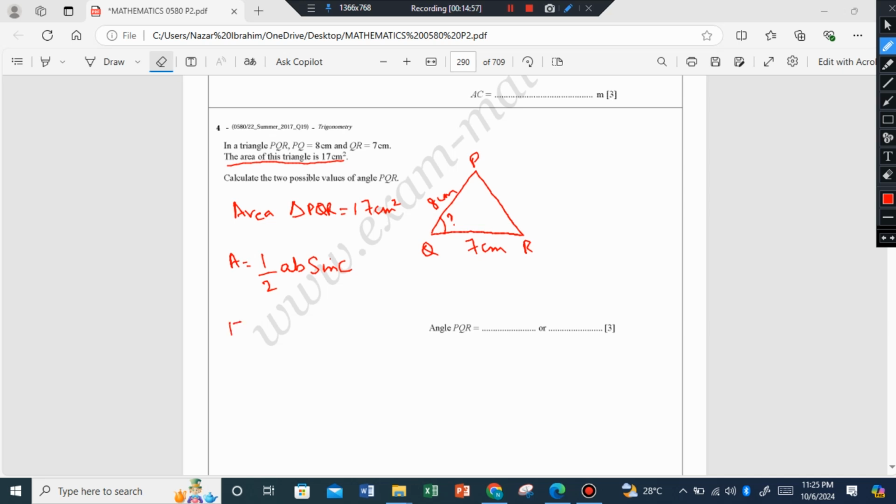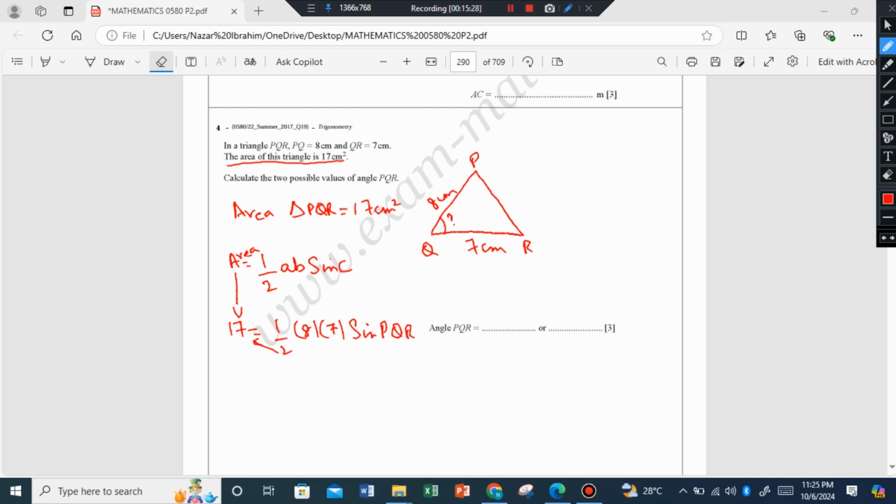So area is 17. A stands for area over here, right? Area is half, a is 8 centimeters, b is 7 centimeters. a and b are two sides, right? And the sine, which is angle PQR, I don't know that, right?